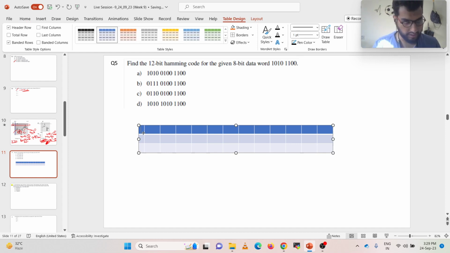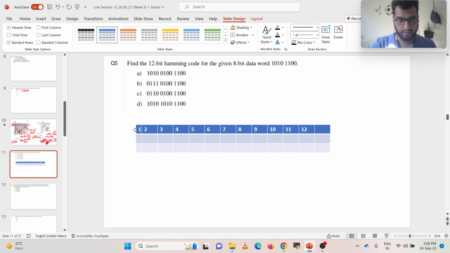These are my bit numbers 1, 2, 3, 4, 5, 6, 7, 8, 9, 10, 11, and 12. This is your parity bit P1.